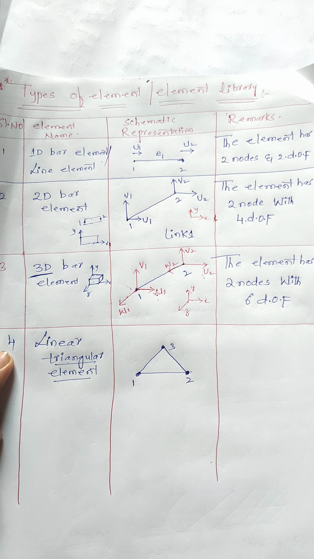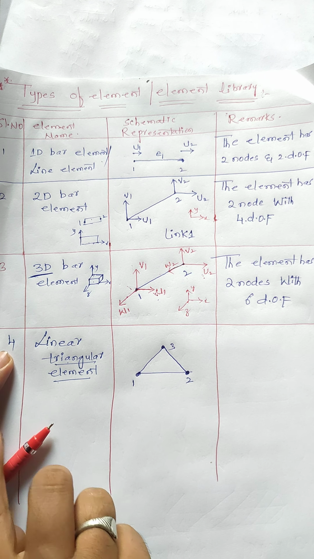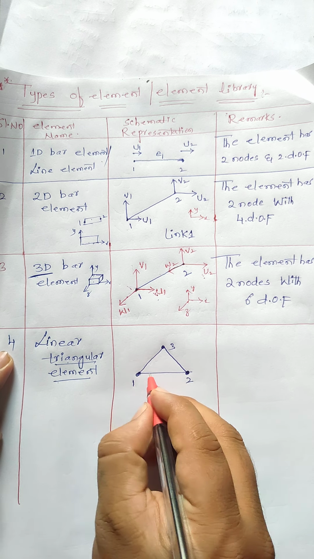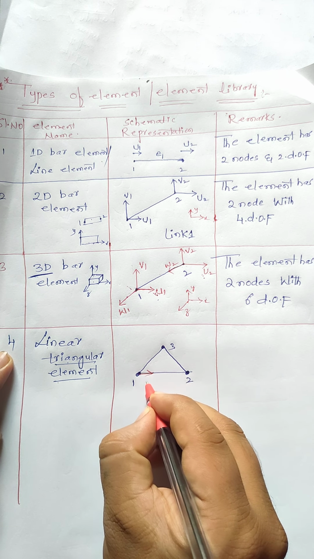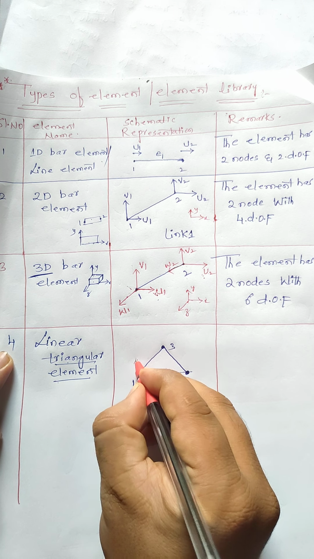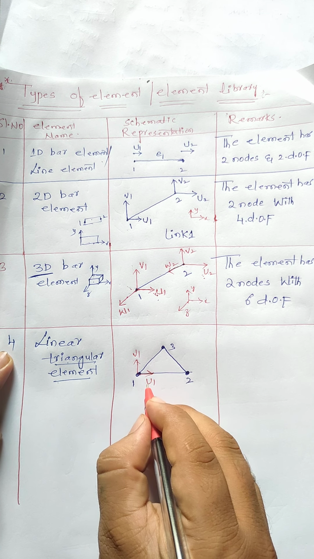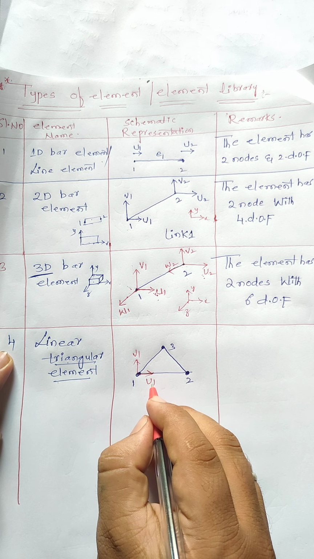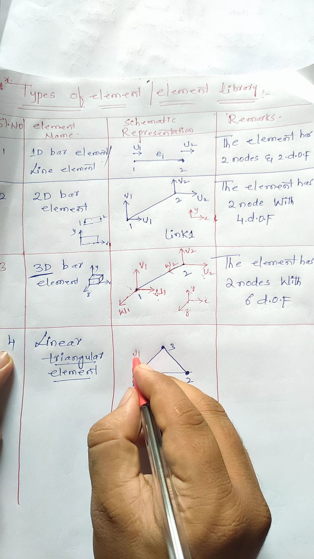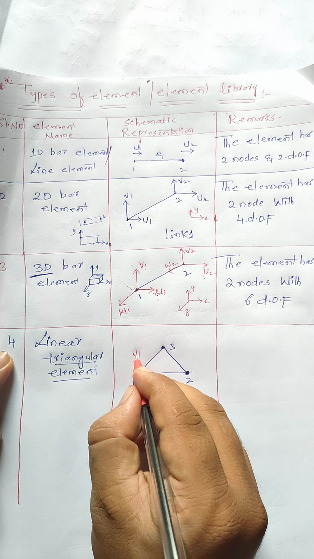How? Let us see. Because the structure is linear, here we are taking u1 v1. u1 is nothing but the displacement acting in the x direction. Displacement in the y direction is represented by v1.